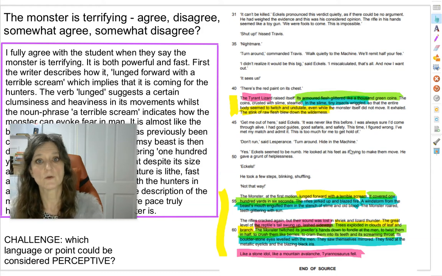Both of those serve to remind us that this beast is a predator and it's a carnivore that survives on eating things that are alive, such as these human hunters, which, with its lizard jewel maker's hands, is treating like a little snack, almost like a bag of crisps, these human hunters here, to fondle them in, to twist them in half, to crush them like berries, to cram them into its teeth, into its screaming throat.